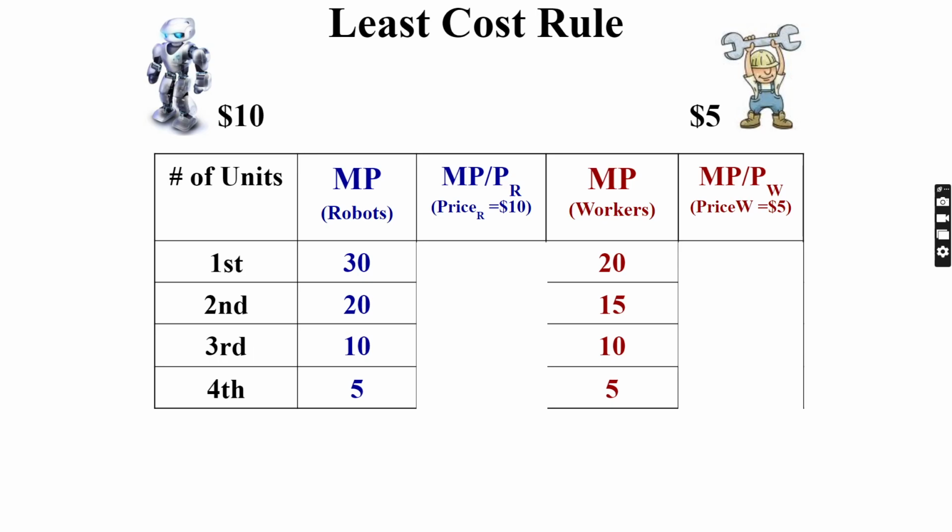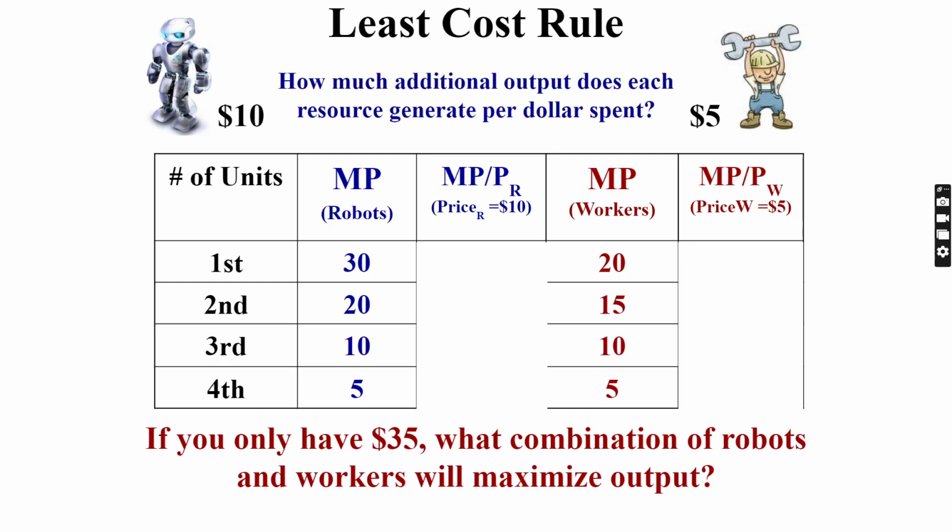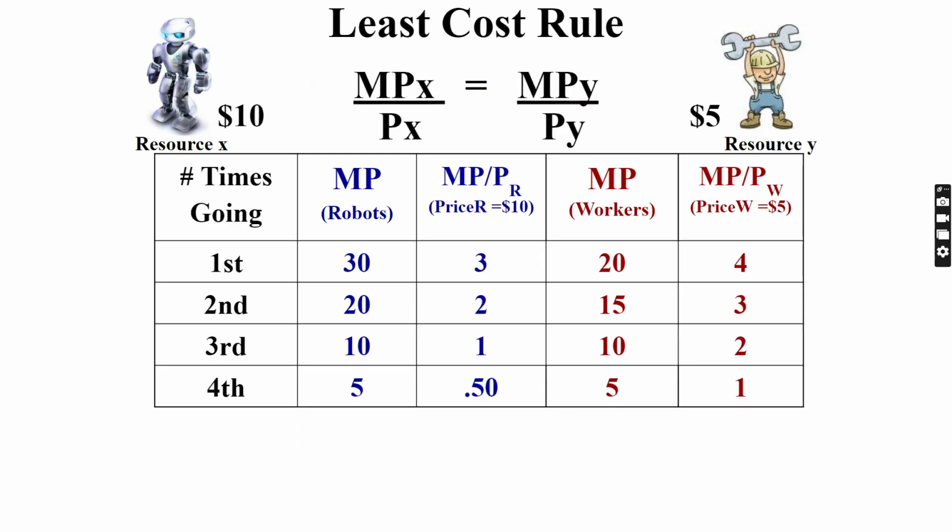Okay, so our equation for the marginal product per dollar of each resource is just MP divided by P, or the marginal product divided by the price. And so I have here, if you have $35, what combination of robots and workers would maximize output? Now, you should have calculated all of these already.